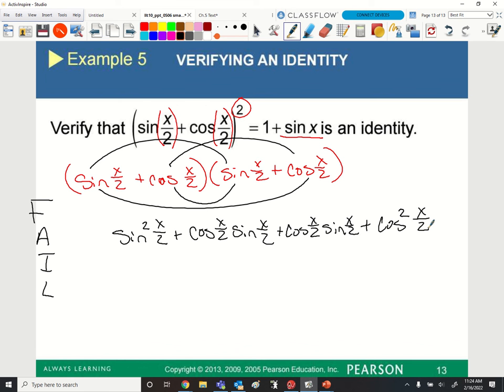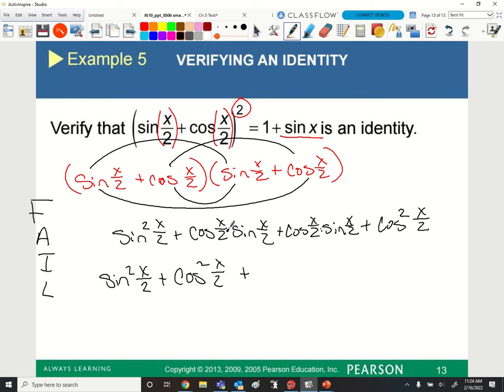So I'm going to say sine squared plus cosine squared, plus, and since this is multiplication, think of it like 3 times 5, but instead I say 5 times 3.